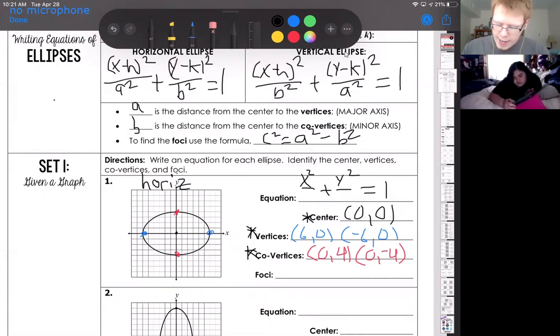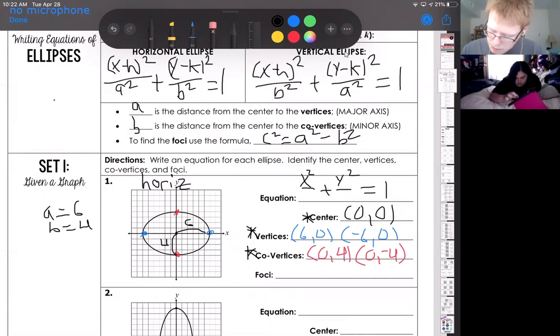The distance between the center and the vertex was 6, and the distance from the center to our co-vertex was 4. Since the bigger one's your a, you have a equals 6 and b equals 4. Since it's a squared and b squared, you just square these.